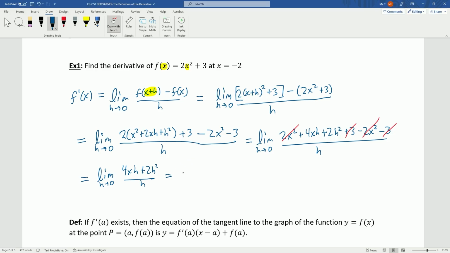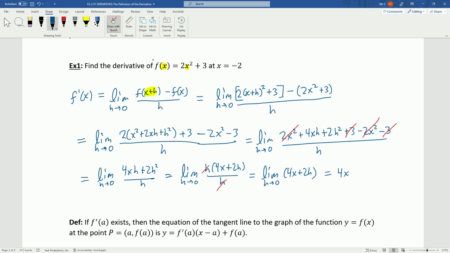So now I'll factor an h out up top. Now I can cancel that discontinuity with h. And now when I evaluate this limit, I have a continuous function, so I can just plug 0 in, and I get 4x.